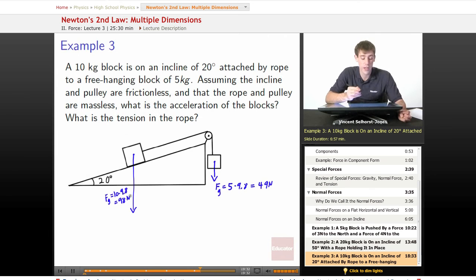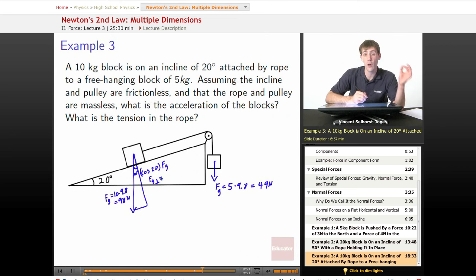So if we want to break this into its perpendicular and its parallel components, here's our angle of 20 degrees. Here we're going to have cosine of 20 times the force of gravity. So the force of gravity perpendicular will be canceled out by the normal force.